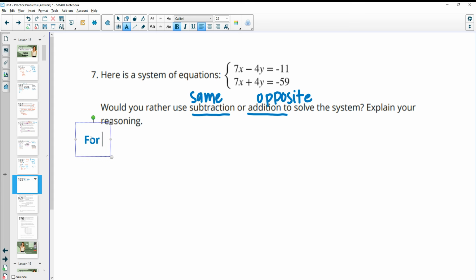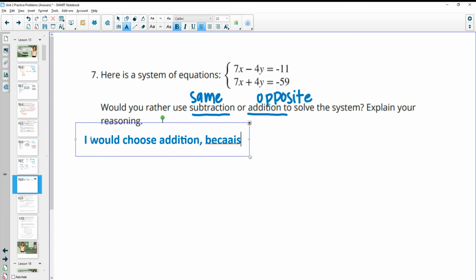So for me personally, I would choose addition, because for me, addition is easier.